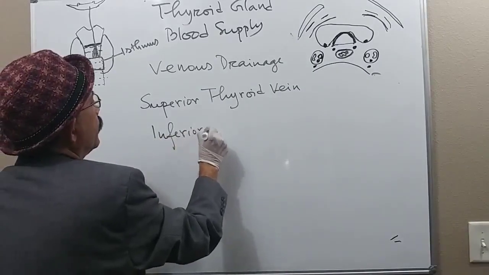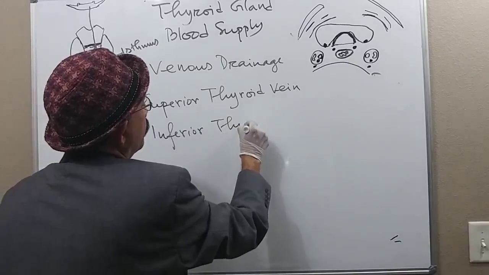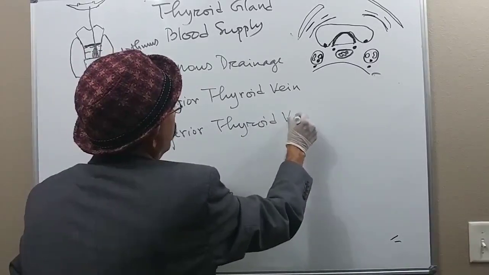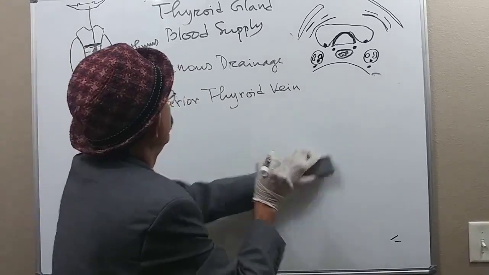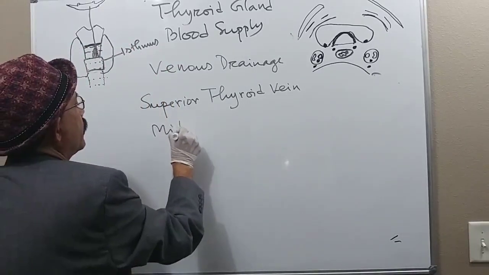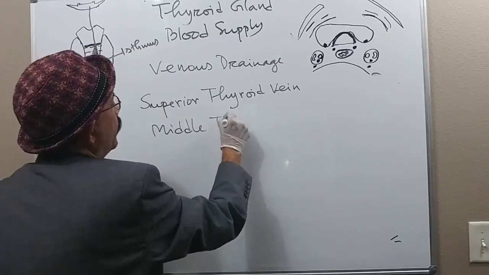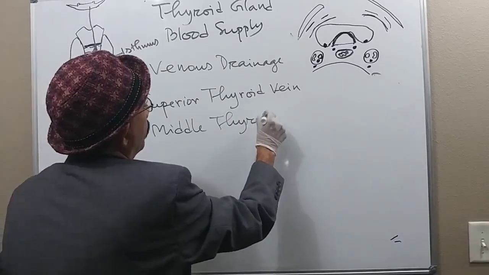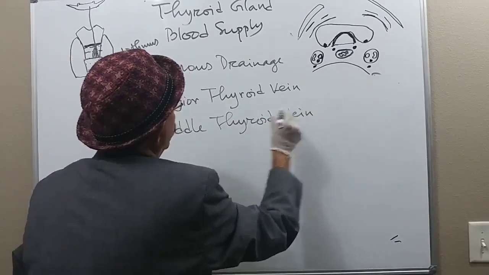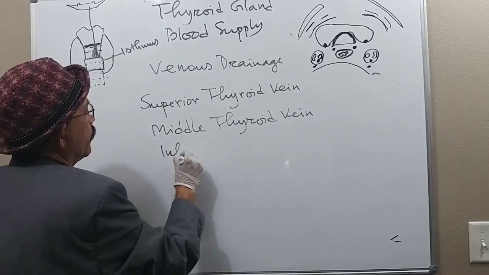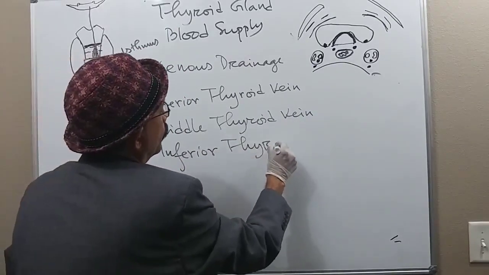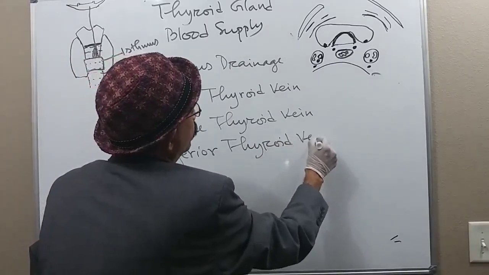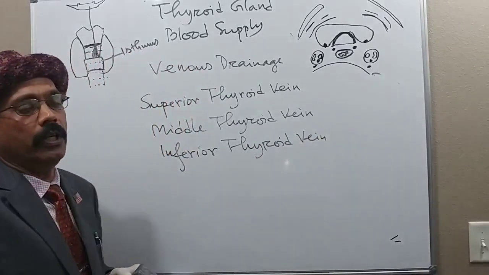We may add the middle thyroid vein here, and the inferior thyroid vein. Okay, venous drainage of the thyroid gland.